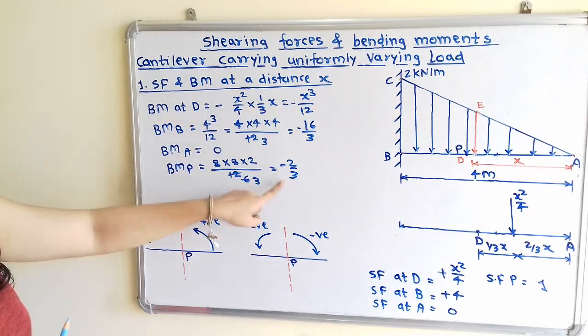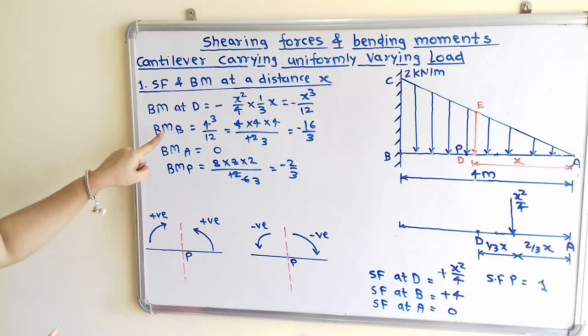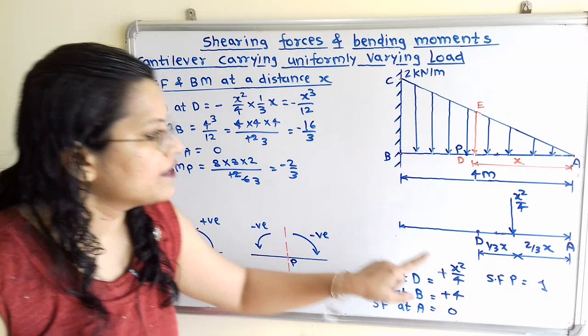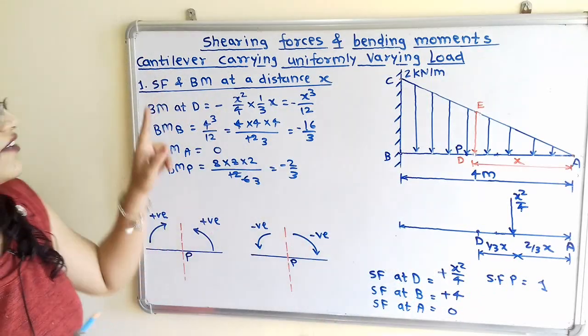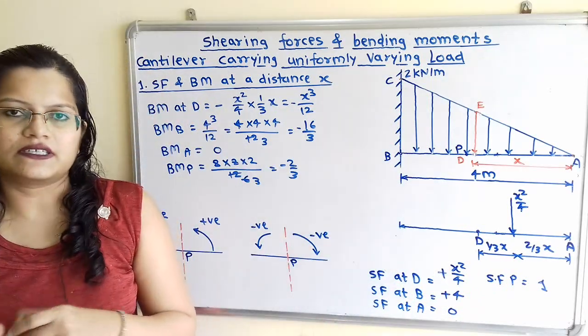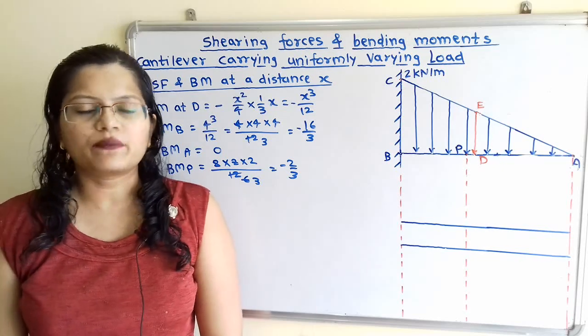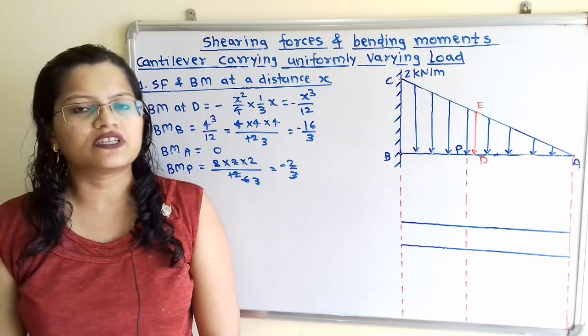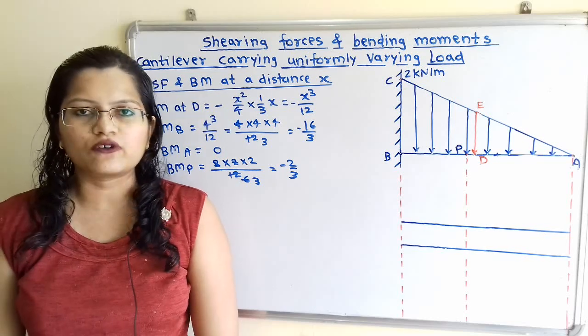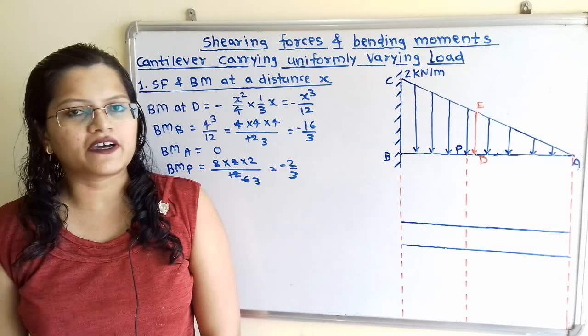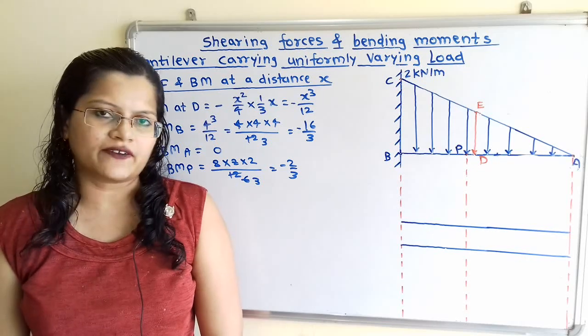Now with these values of the bending moment and shear force at points B, A and P, we have to draw the SFD as well as the BMD. To draw the shear force diagram, if we observe the equation in terms of x to calculate the shear force, it is in terms of x square, that means a 2 degree equation.